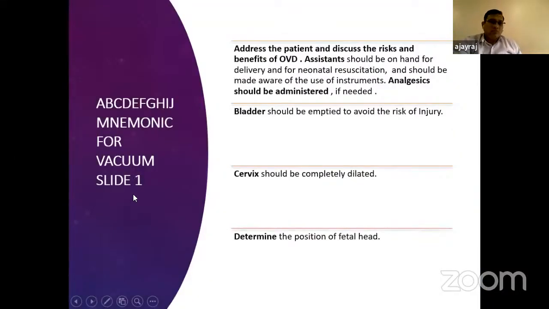ABCDEF mnemonic for vacuum, slide 1. As we have seen in forceps delivery, in vacuum delivery also, we have to instruct the patient and discuss the risks and benefits of operative vaginal delivery.